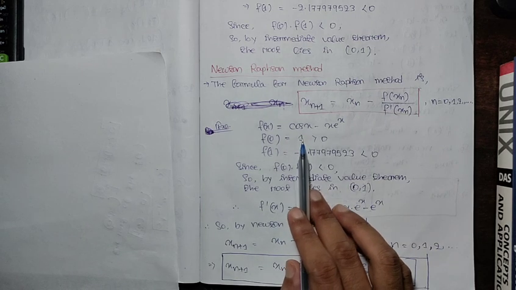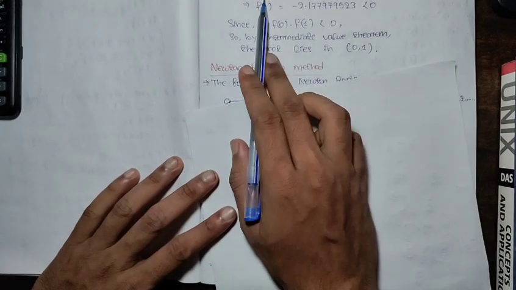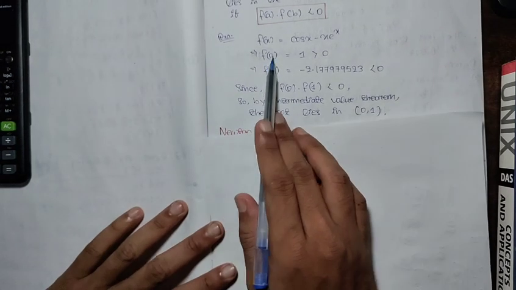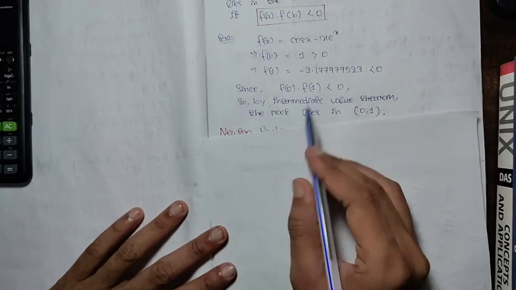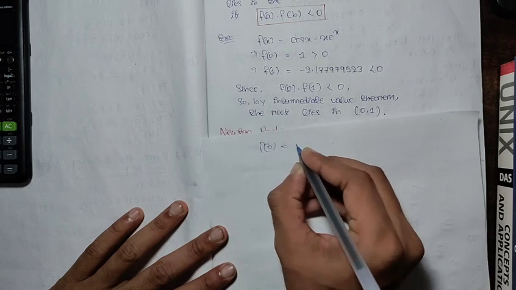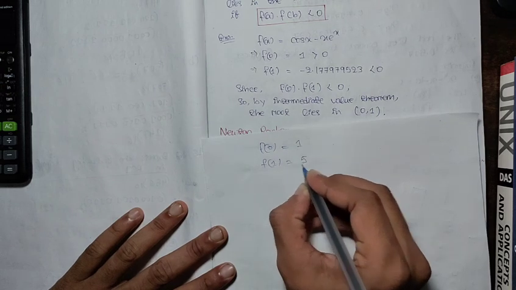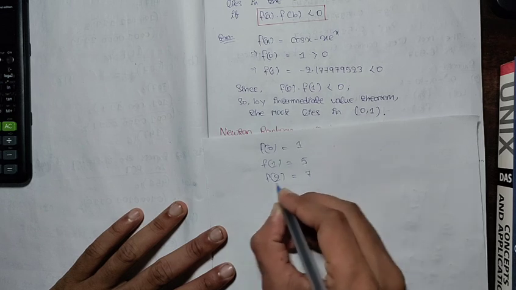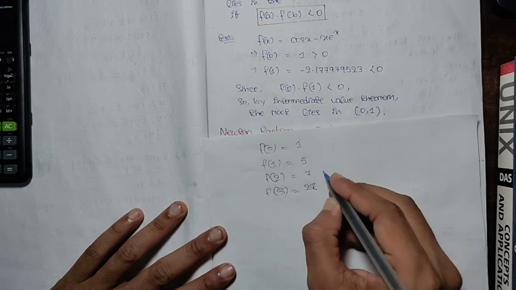So see here, I forgot to mention that when you write f of 0, f of 1, you continue until which value. So remember, if you get f of 0 equal to 1, then f of 1 equal to something like 5, f of 2 equal to 7, or f of 3 equal to like 28, like this.